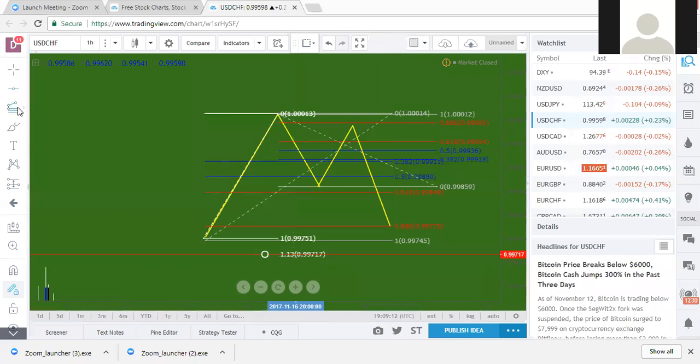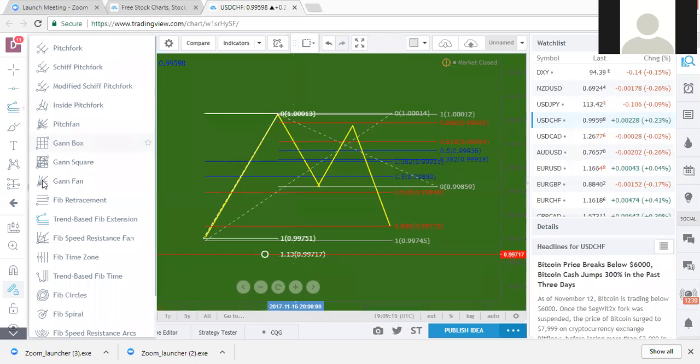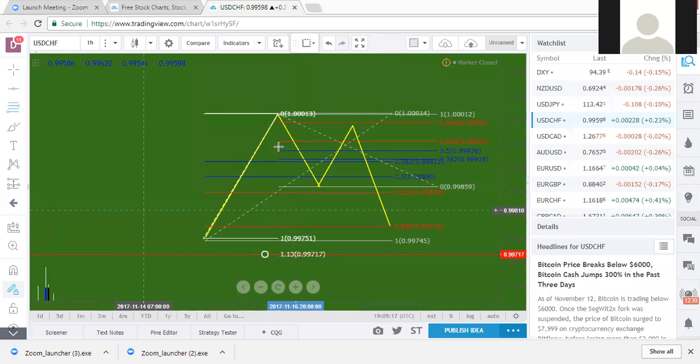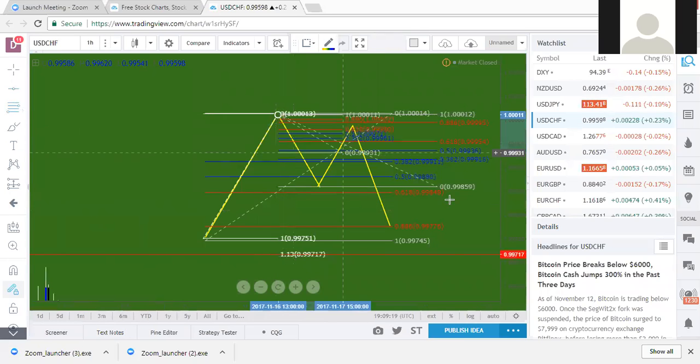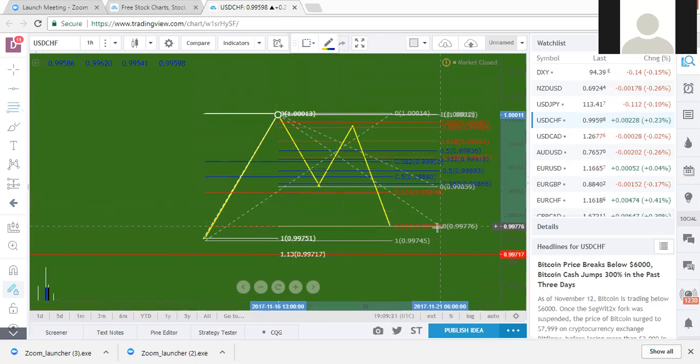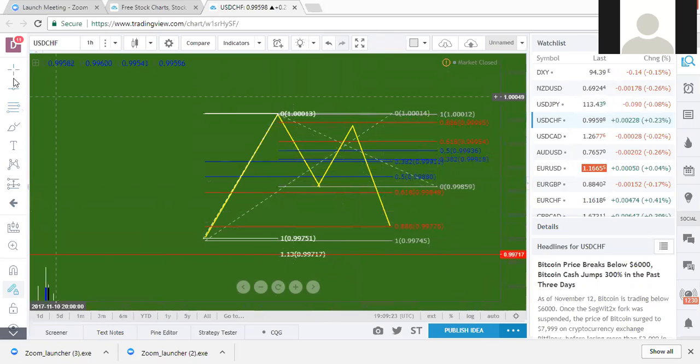As far as targets, we're going to use the Fibonacci retracement again. We'll go from A to our D leg. Let me get rid of some of this noise.